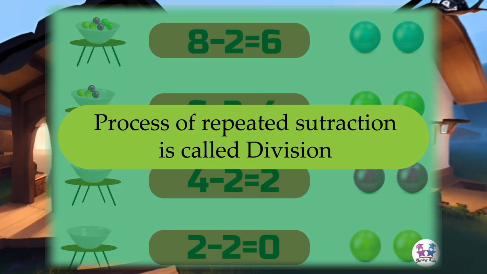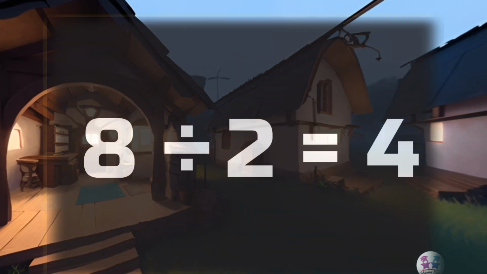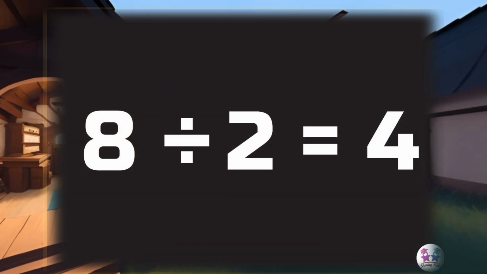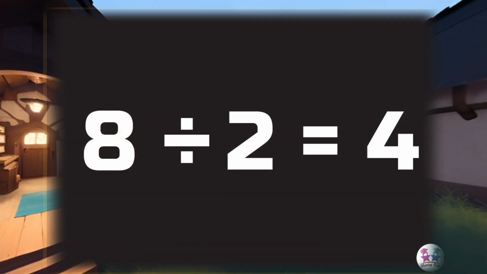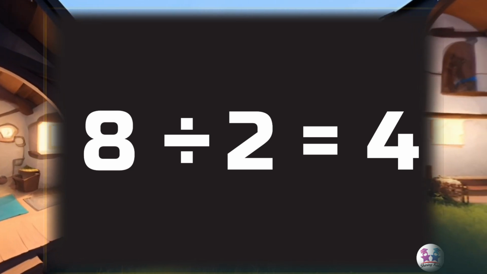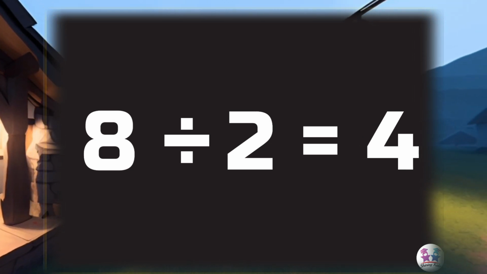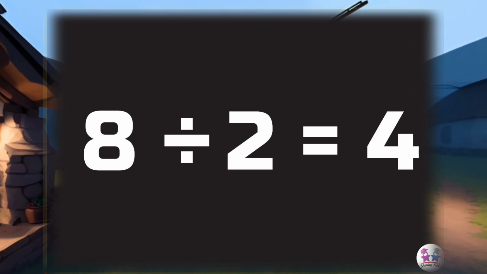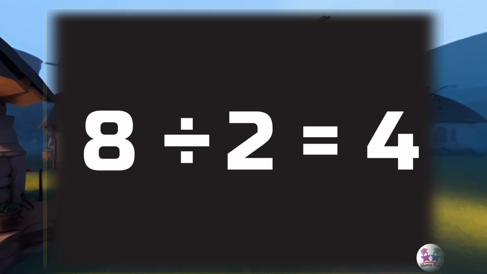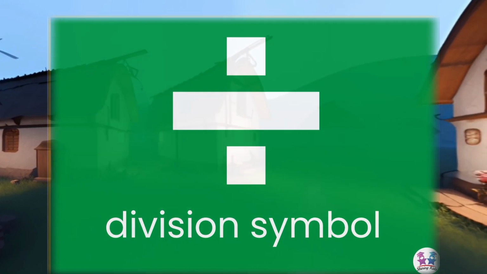The process of repeated subtraction is called division. How do we write this? 8, then the symbol of division, then 2, then the sign of equal, then 4. We read it like this: 8 divided by 2 is equal to 4. This is called the symbol of division.